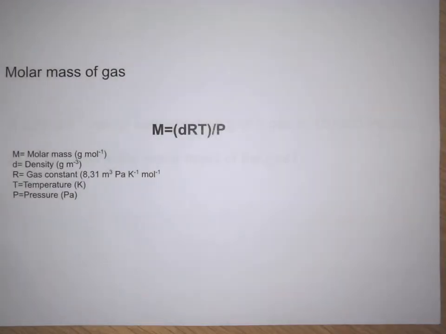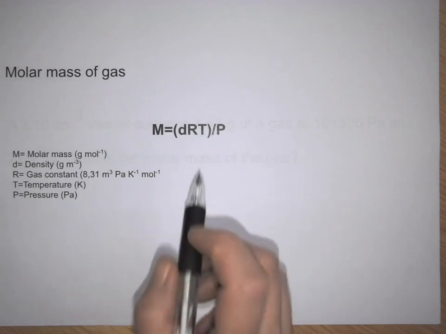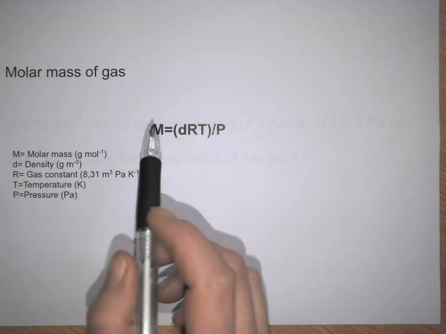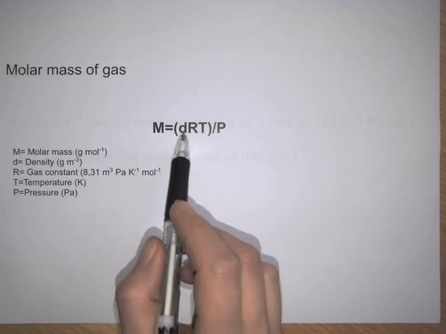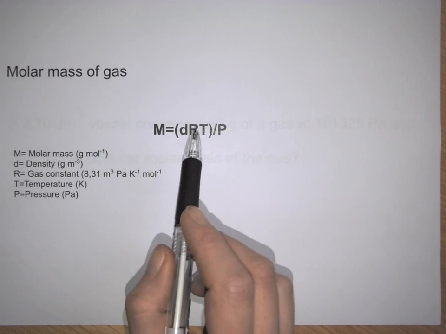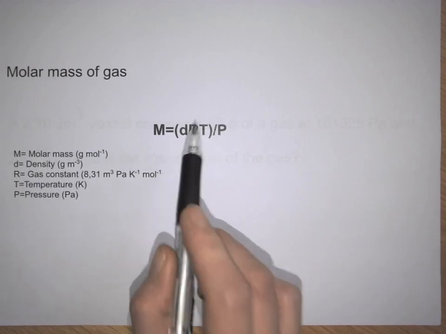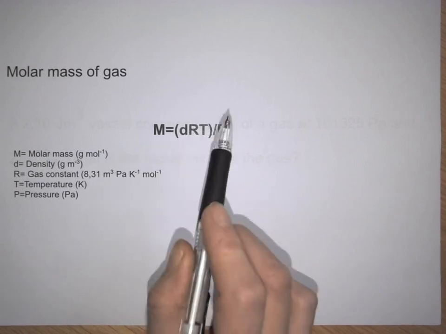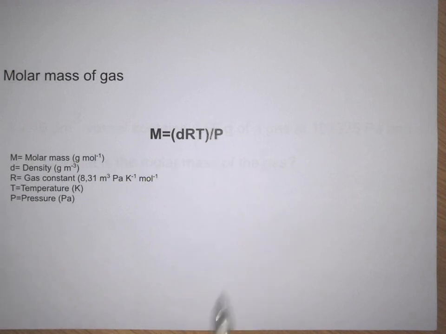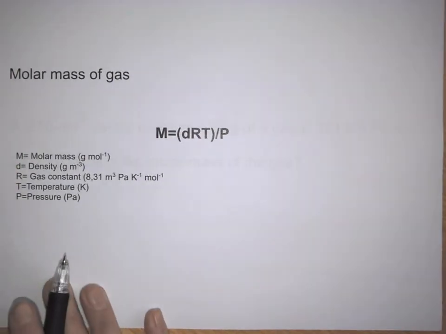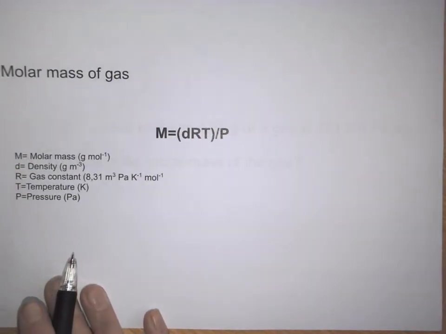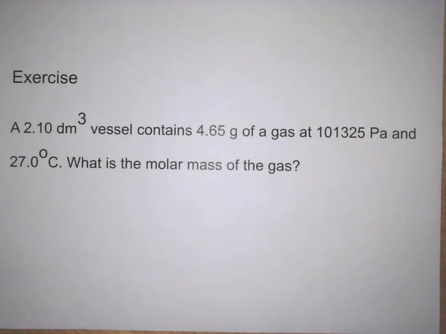Yes, the final thing I want to just show you is how you can calculate the molar mass of a gas. And this is the equation. You take the molar mass of a gas, that is the density times the gas constant times the temperature divided by the pressure. So write this equation if you haven't done it, and I will show you the first example here.